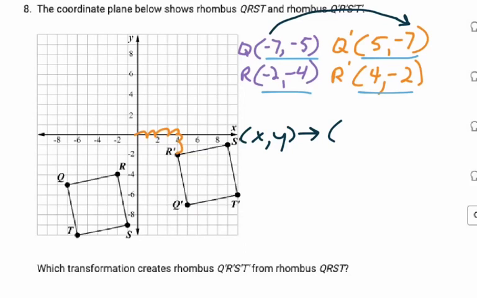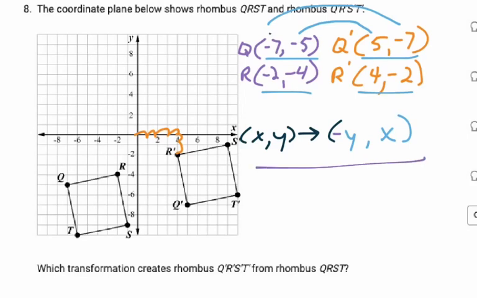So our Y and X are going to switch positions for sure. And then it looks like we have some sign changes too. Well, the -7 is staying, so the X value is keeping its value, but the Y value, the -5, is turning positive. So we're going to go negative on the Y, -Y, X, because we need to flip those around. So that should be the rule right over there, -Y, X.